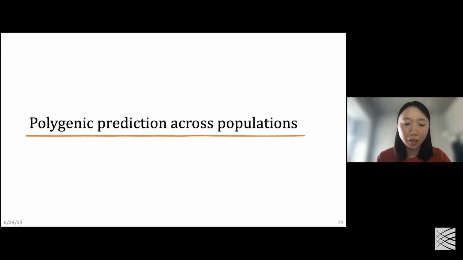So if we want to evaluate how the PRS compares to the trait heritability or SNP-based heritability, we may use R-square, or R-square on the liability scale, to report the performance. But in a more clinical setting, people are more interested in metrics such as AUC, the discriminatory power of the model. And more often, people want to report the odds ratio.